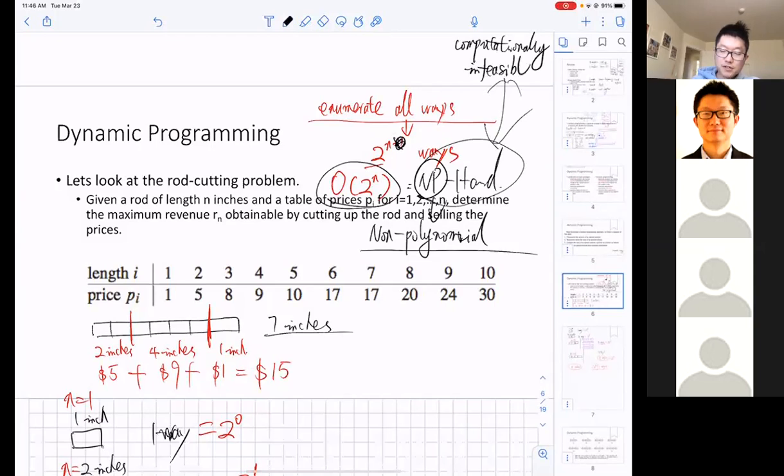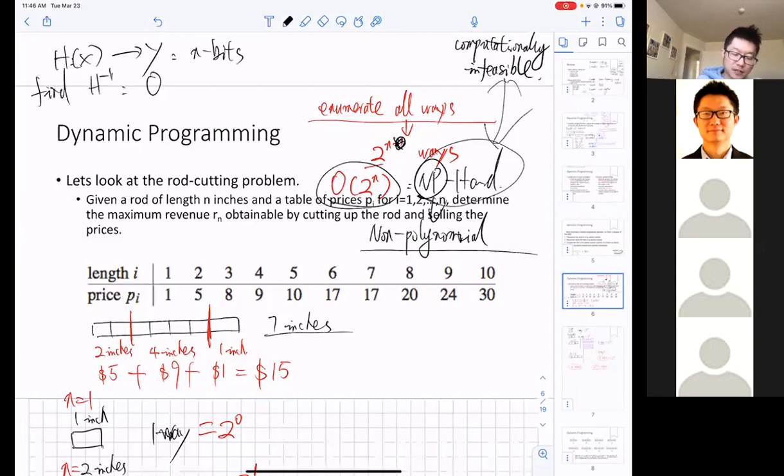So to reverse a hash function, if we have a hash function that hashes any x to y, where y is, let's say, n bits, then the time complexity to find the reverse of the function is going to be 2 to the power of n.